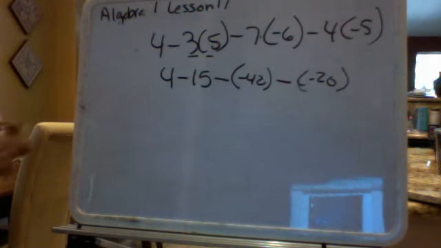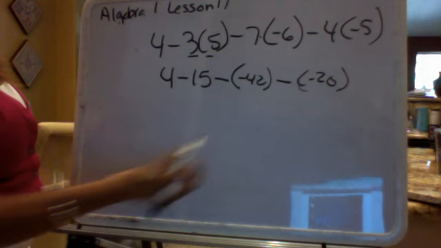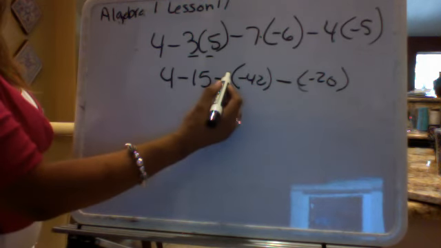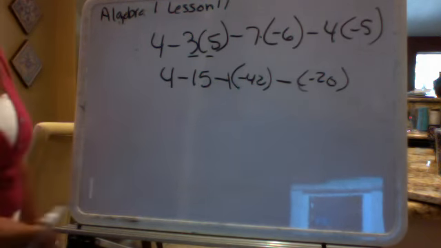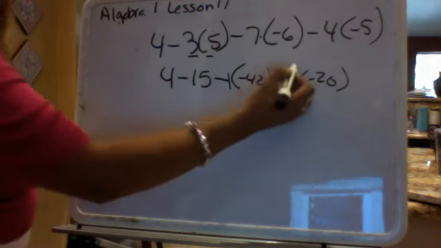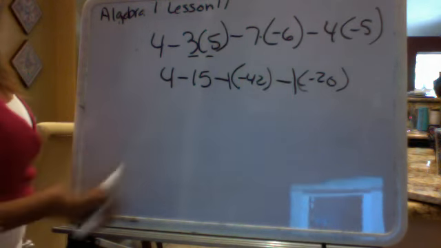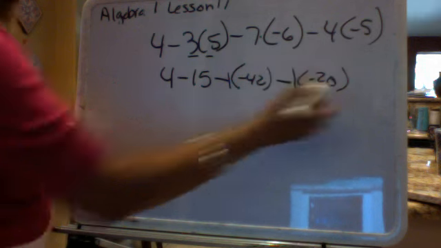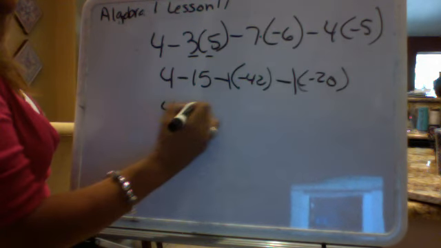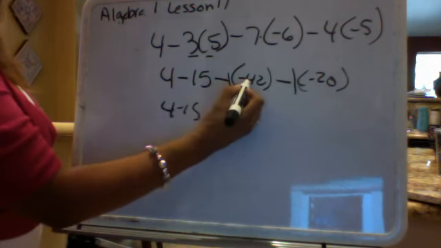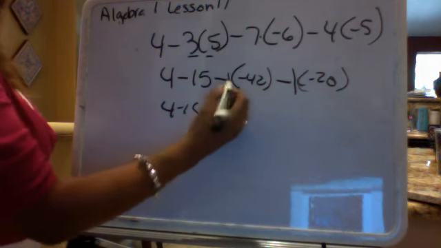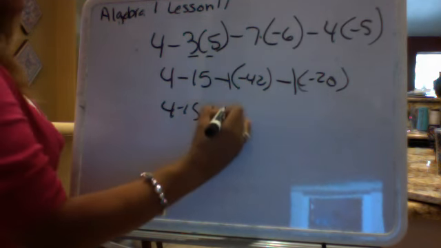Okay, now we've got to keep going. Isn't this still multiplication? Isn't this an implied negative 1 outside that parentheses? Just like this is implied. There's always an implied 1 times anything. So we're going to do 4 minus 15. Negative 1 times a positive 42 is a negative 42. A negative times a negative is going to give you a positive 42.